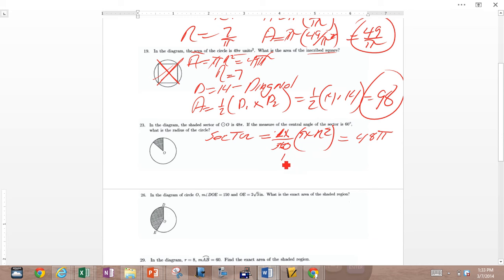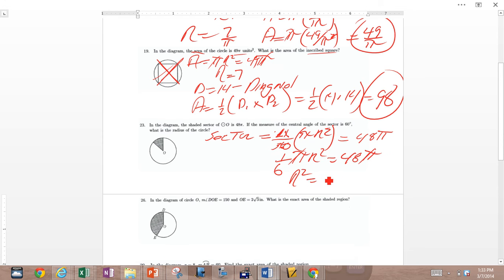So it's 60 over 360, which is 1/6, not 1/16, 1/6 of pi r squared is equal to 48 pi. So we can cancel out the pi's, and we can multiply both sides by 6 so that we have r squared is equal to 48 times 6.